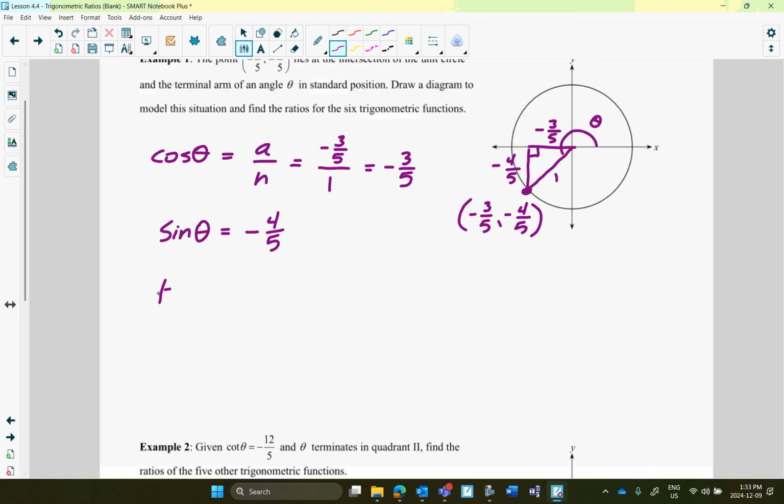What's the tan? Yes, the y divided by the x, right? So the y value is negative 4/5, and I have to divide by the x value, which is negative 3/5.